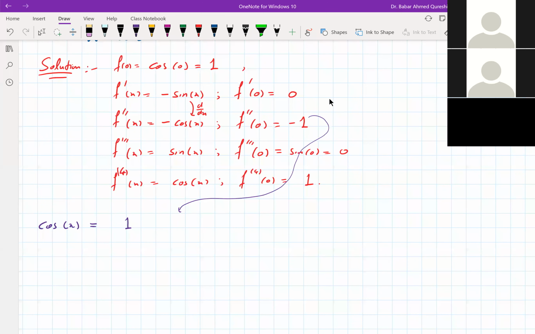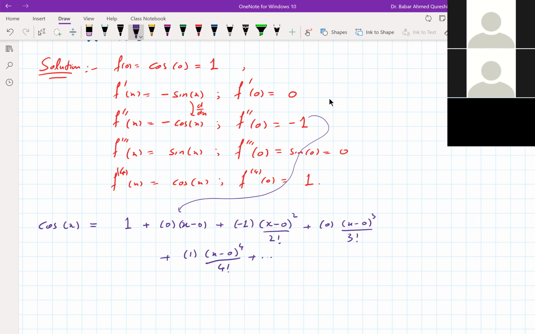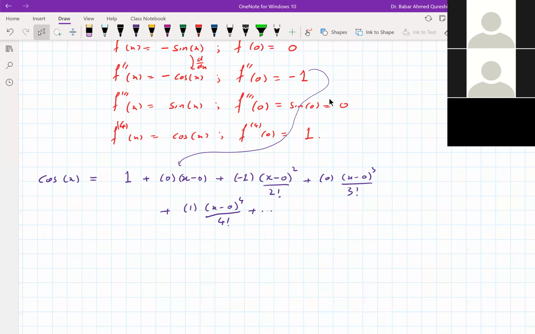The linear term, let me write it term by term. The second term is 0 times x minus 0, plus minus 1 times x minus 0 squared over 2 factorial, plus 1 times x minus 0 to the 4 over 4 factorial, and so on.